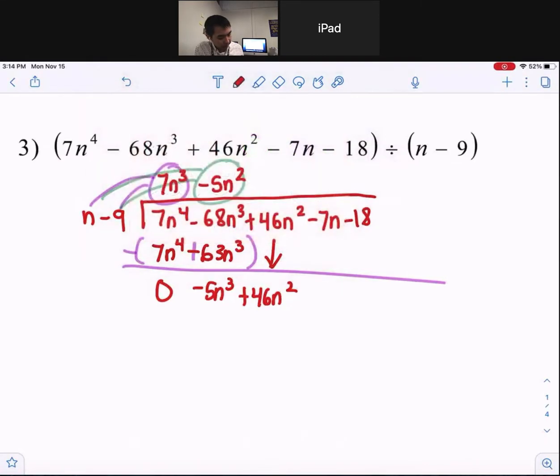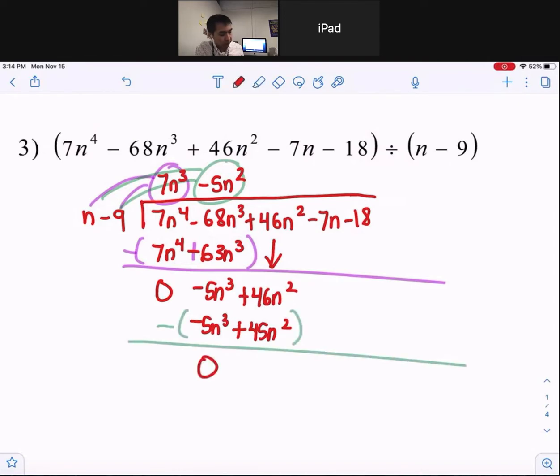So we got negative 5n to the third plus 45n squared, because negative 5n squared times negative 9 is positive 45n squared. Okay, so we're going to subtract this. That's 0. 46 minus 45, that's just 1n squared. And then n times what is n to the second? That would be plus n.